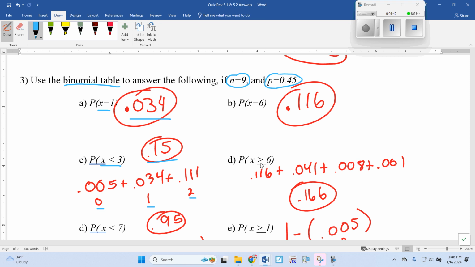If it is greater than or equal to 6, this would be 6, this would be 7, this would be 8, and this would be 9. Once we add all those together, we get 0.166.